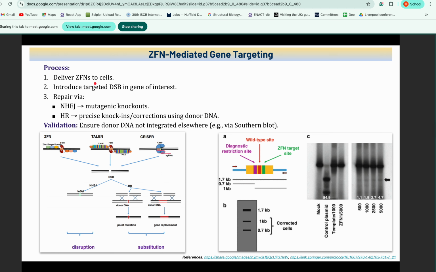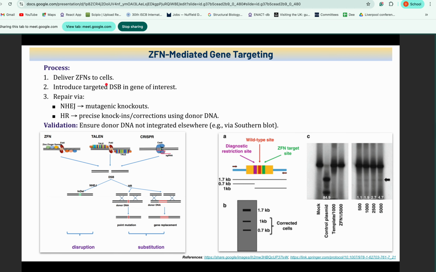But when we say zinc finger nuclease, we mean that zinc finger domains are present, but the nuclease region is also present, such as the FokI nuclease. Zinc finger nuclease means I have a cleavage domain, which is the C-terminal domain of FokI nuclease, and at the N-terminal region I have zinc finger subdomains. Together that is referred to as zinc finger nuclease.